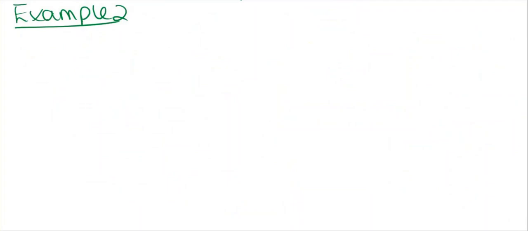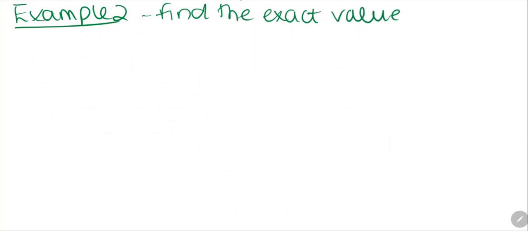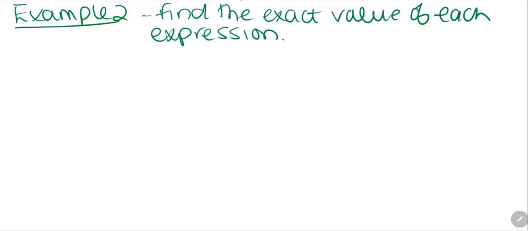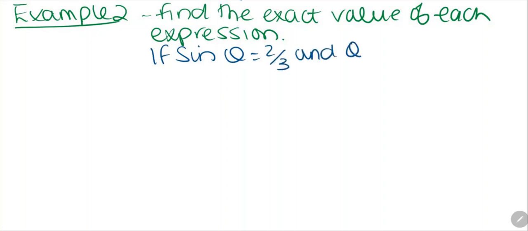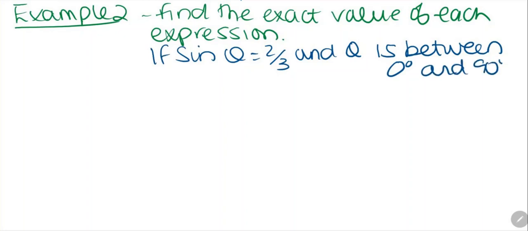So example 2, we're going to find the exact value of each expression. We're given that sine theta is 2/3 and theta is between 0 and 90 degrees.